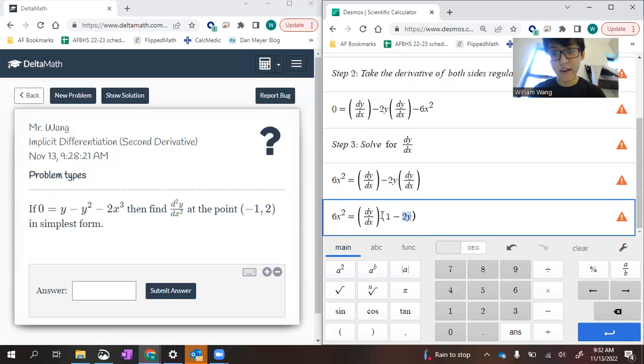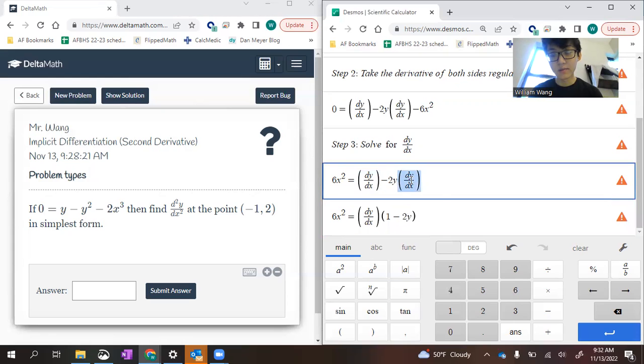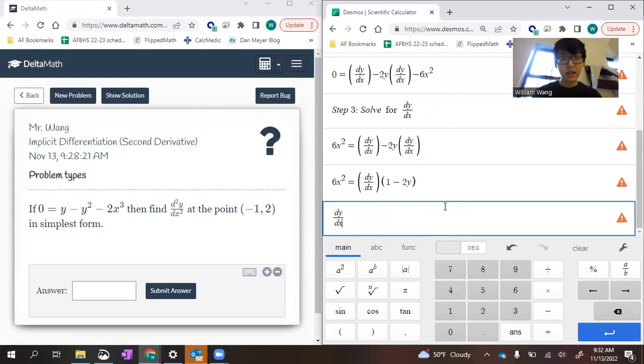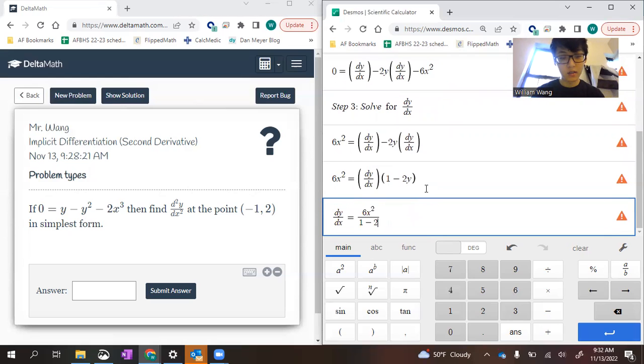So that's what I did here. I factored out dy over dx. Notice if I distributed this back in, dy over dx times 1 is this. Dy over dx times negative 2y is this. All right, cool. So that means dy over dx is equal to 6x squared divided by 1 minus 2y.